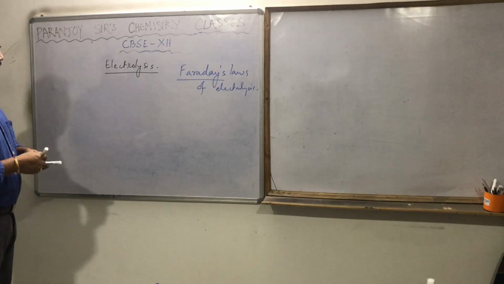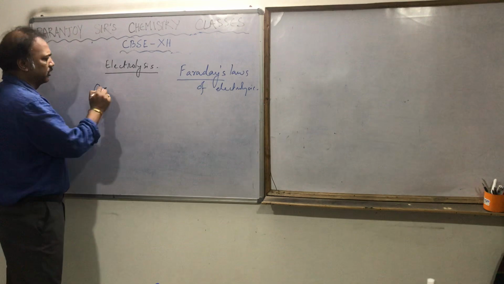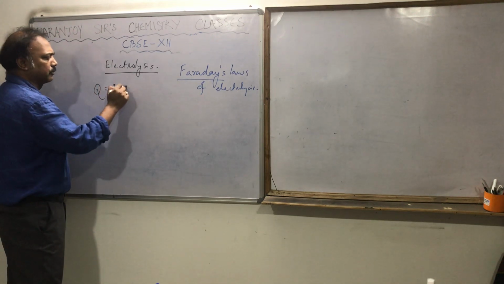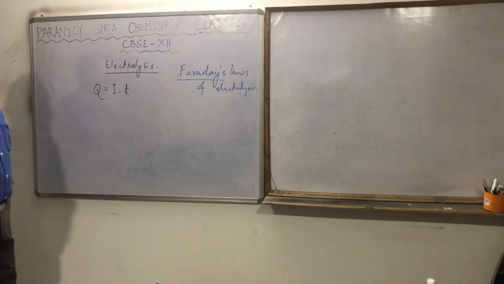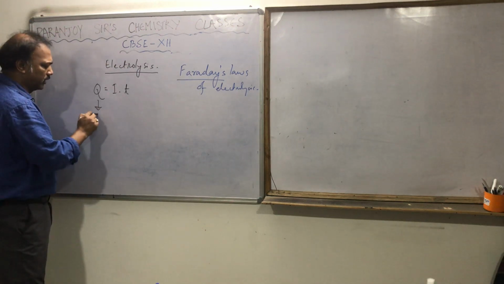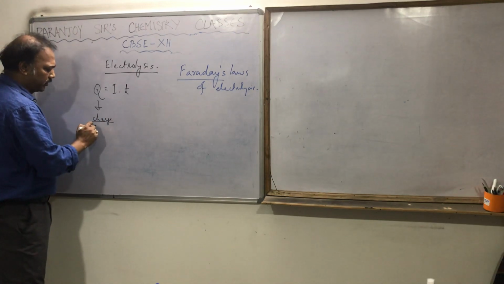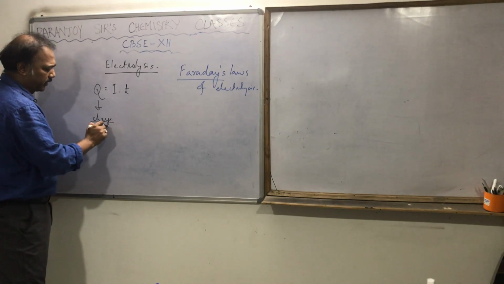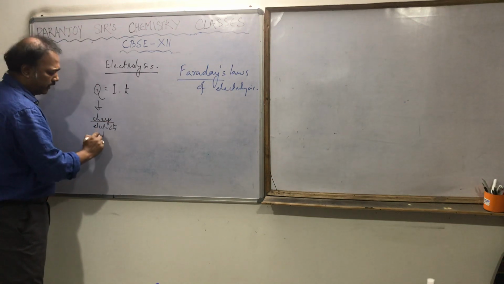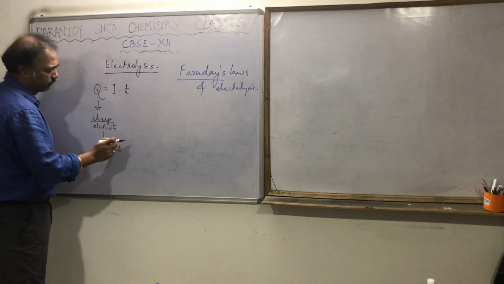All of you know that Q is charge, equal to I, that is current, into T, that is time. Q is charge in coulomb. Charge or electricity is the same word actually. You can say it as electricity. The unit of this is obviously coulomb.